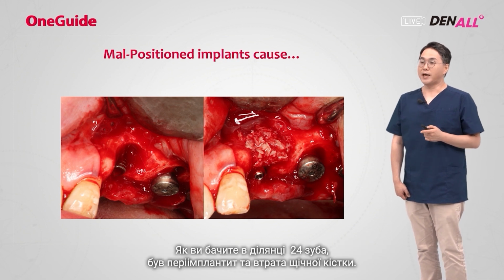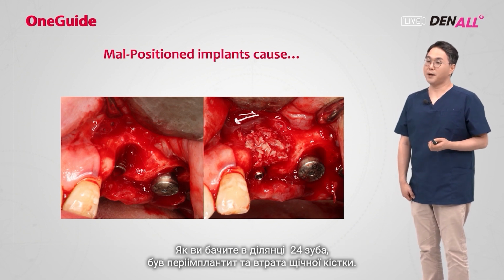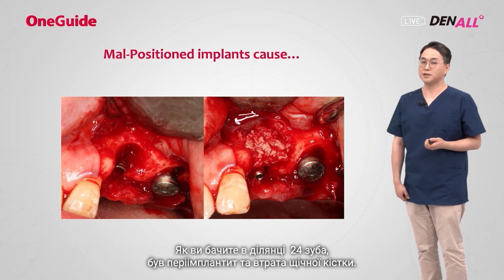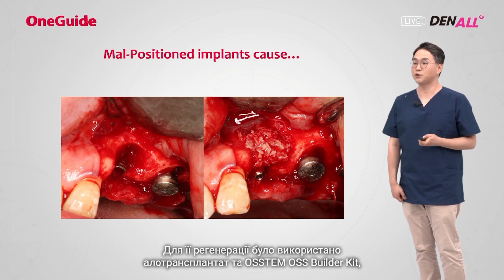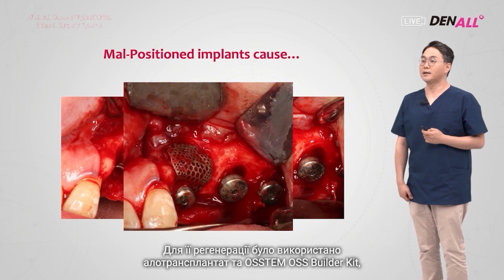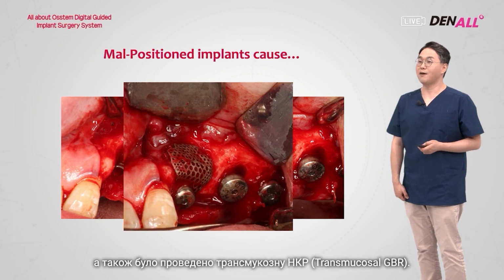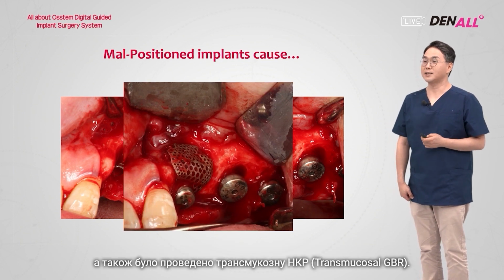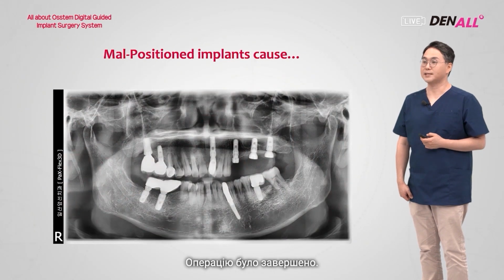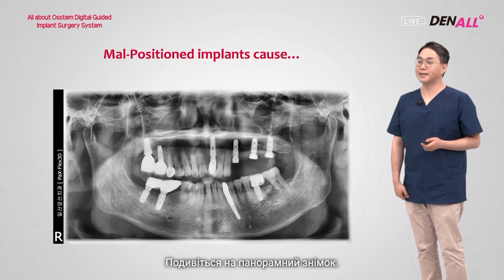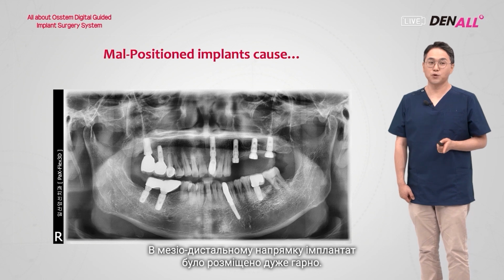As you can see, at number 24, there was continuous peri-implantitis and buccal bone loss. In order to regenerate it, allograft and Osstem OS Builder were used, and transmucosal GBR was done. Surgery was complete. Let's look at the panoramic image.